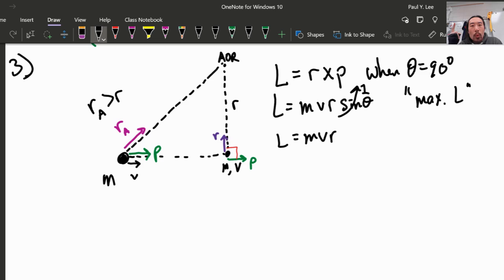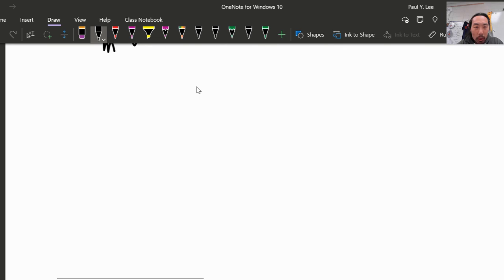When we, quote unquote, went back in time to where this object first began, all the way to the left, it was further away from this axis of rotation, and our hypotenuse was bigger. But if we're following along this angle that's created between your radius vector and your momentum vector, we can now see that our angle is no longer 90 degrees, but just less than 90, so theta.